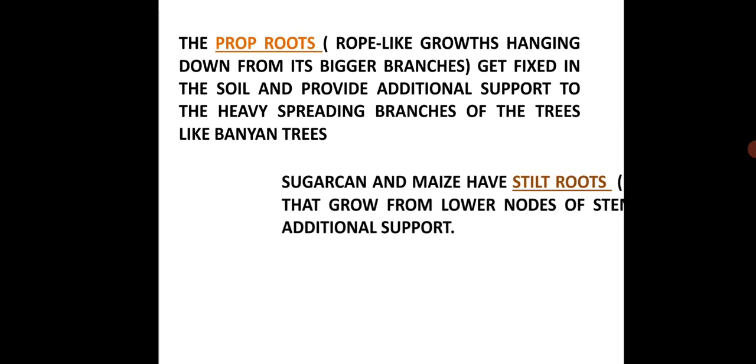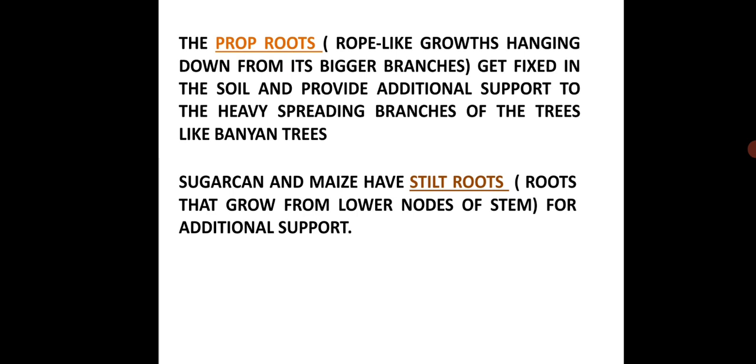Sugarcane and maize have stilt roots. That means the roots that grow from lower nodes of the stem for additional support.